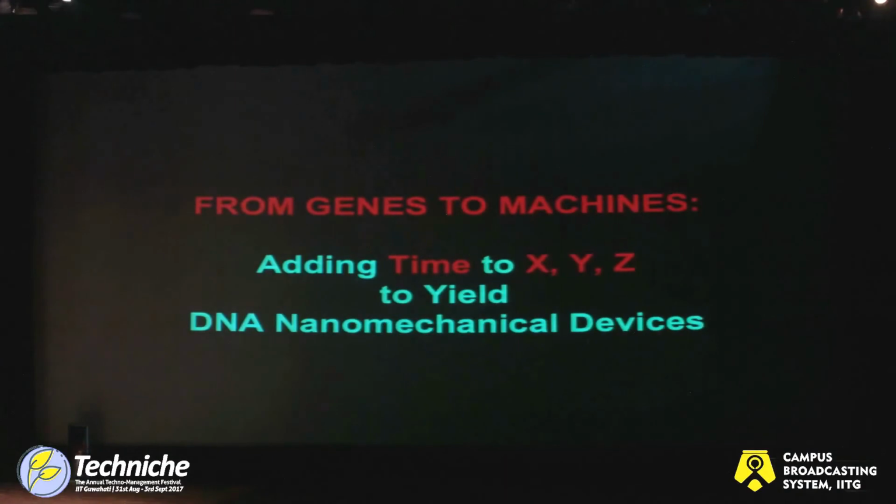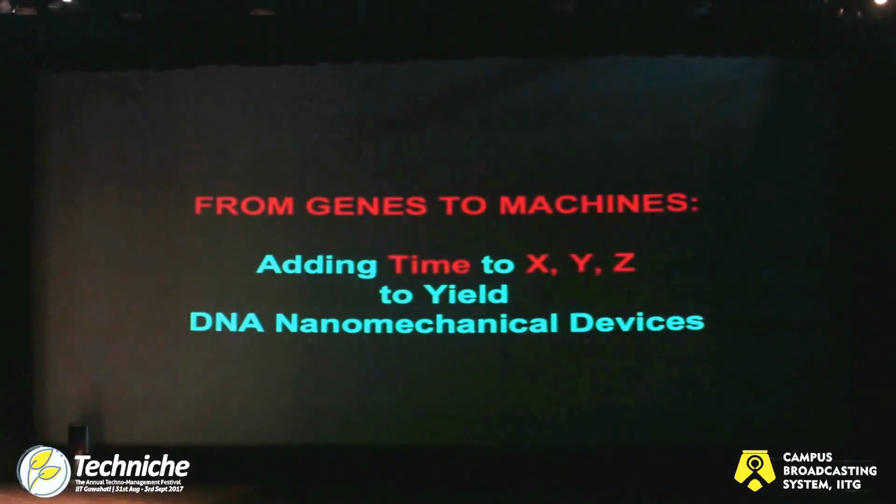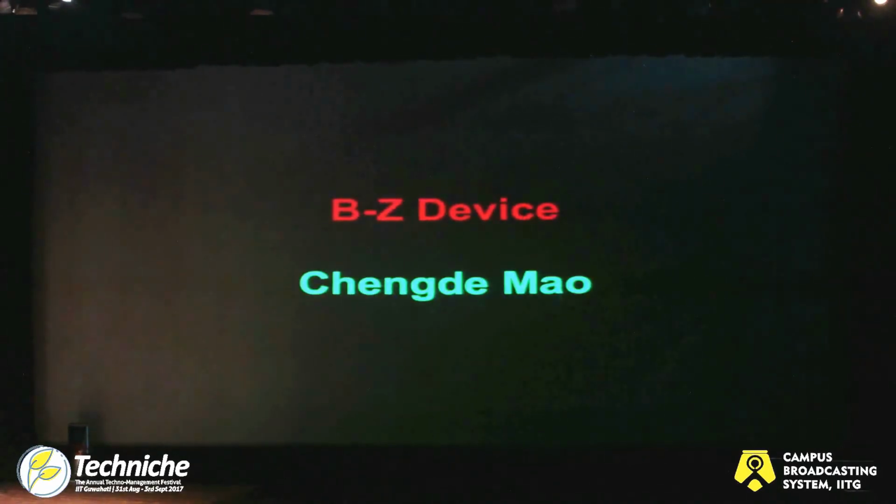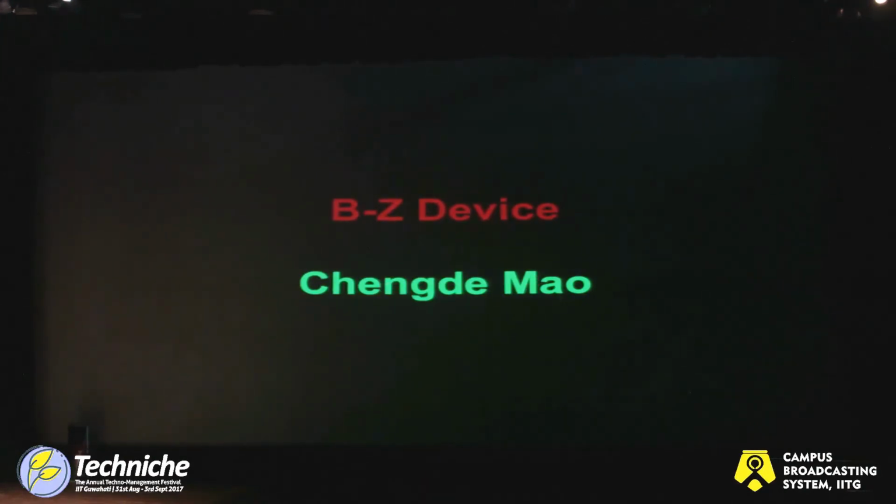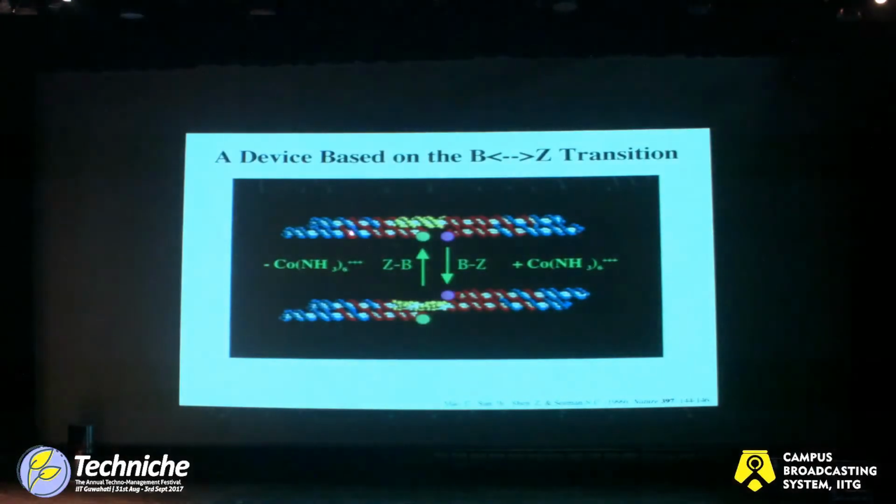So now let's move on from just structure to machines, and we're going to add time to our coordinates here. The first device was built by Cheng-De Mao in the lab back at the end of the last century, and it was based on the following notion.